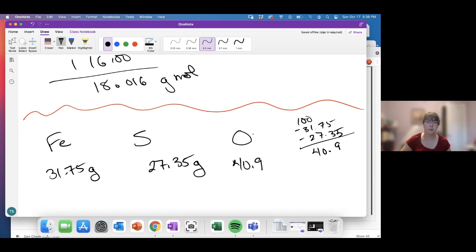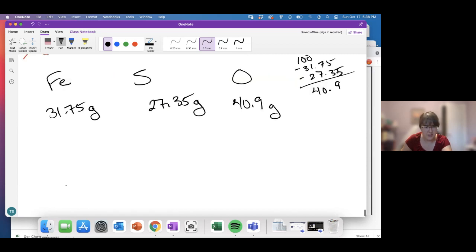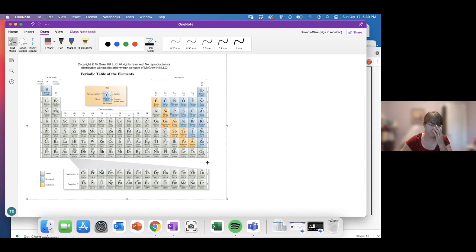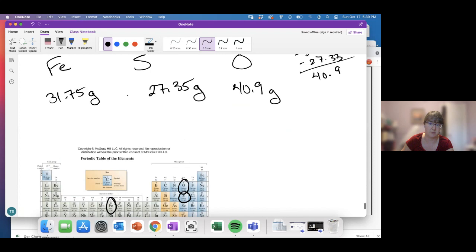The goal is a formula. The goal in a formula is to be in mole ratios. I have grams and I want moles. We have been here before. Since that's what I want, all I'm going to need is my periodic table, because then I'm going to grab the atomic masses of each one of these and divide each individual mass by its atomic mass.